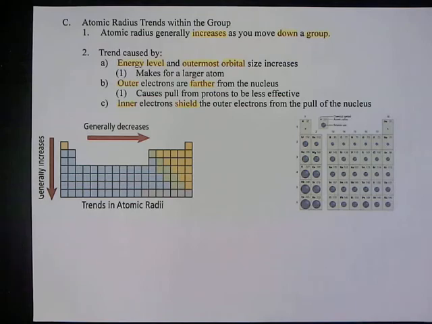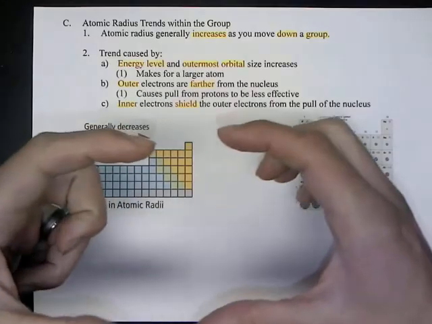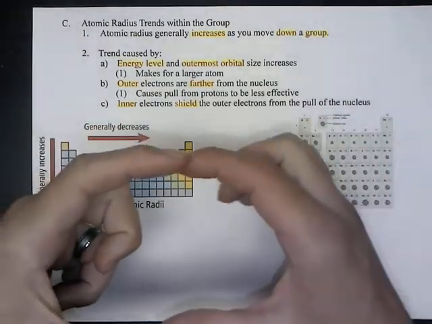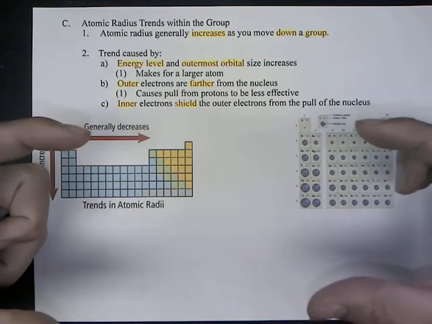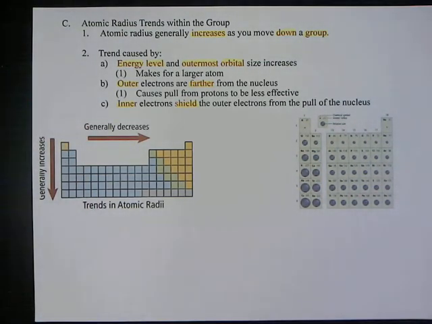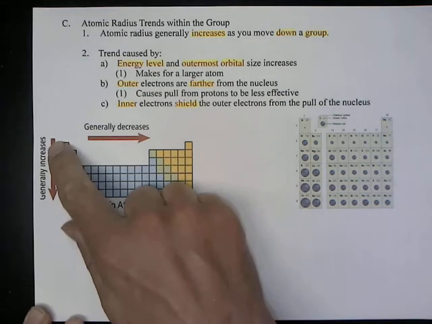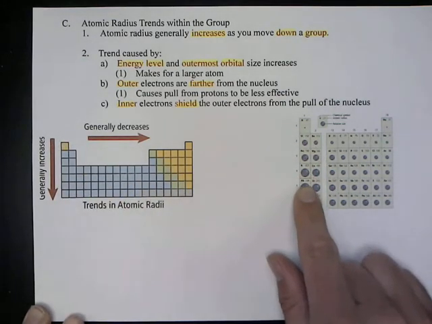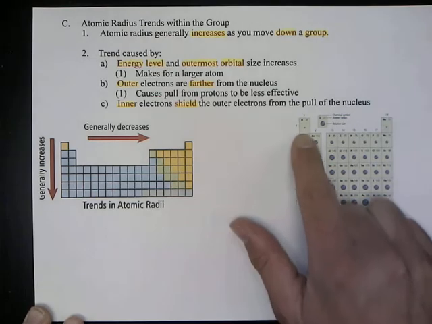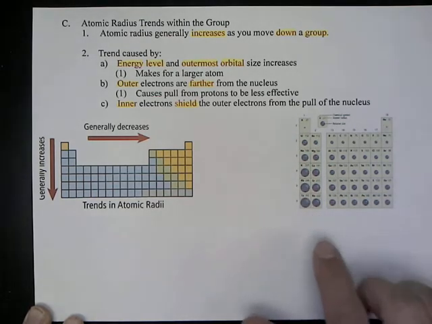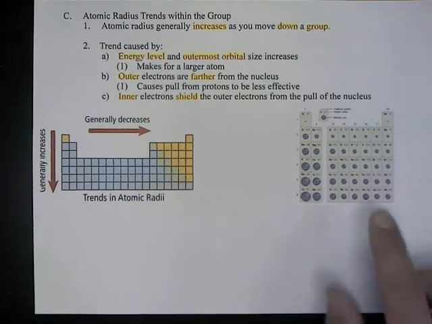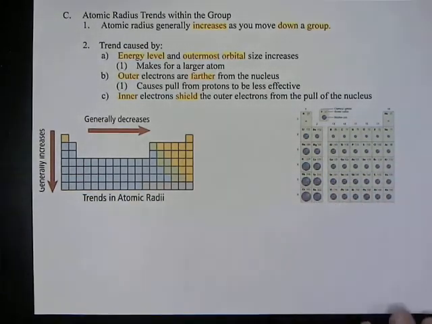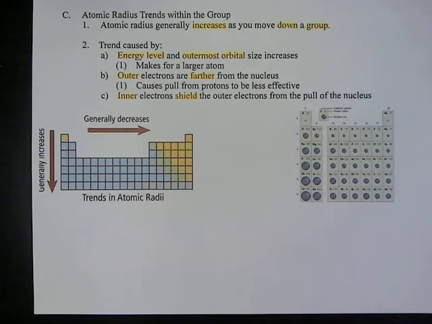What that does is essentially add layers to the outside of the atom, and as you add layers to the outside of the atom, your radius is going to increase. So as we go down one group, the size or radius of your atom is going to increase. And again, this picture is a great way to see that trend in atomic radius.